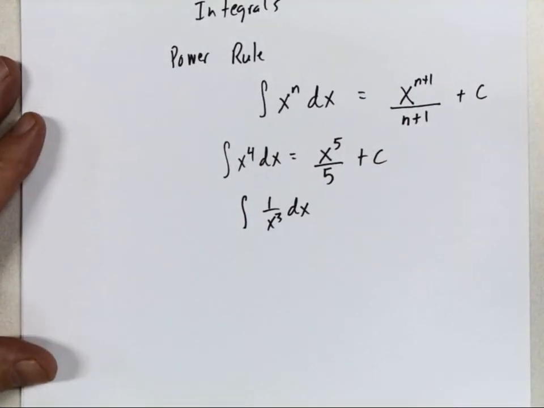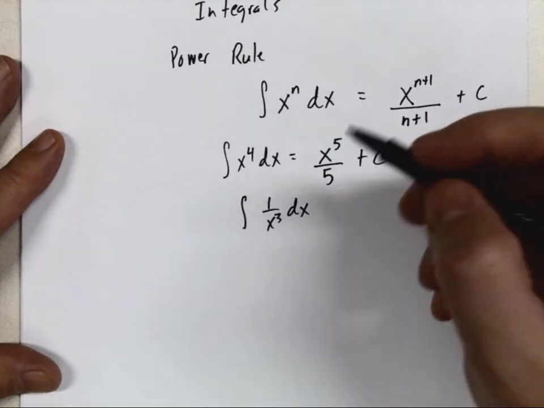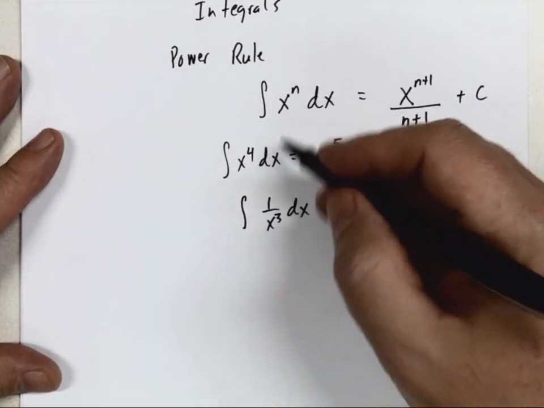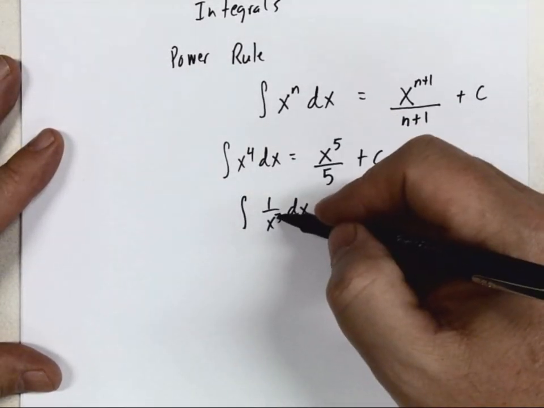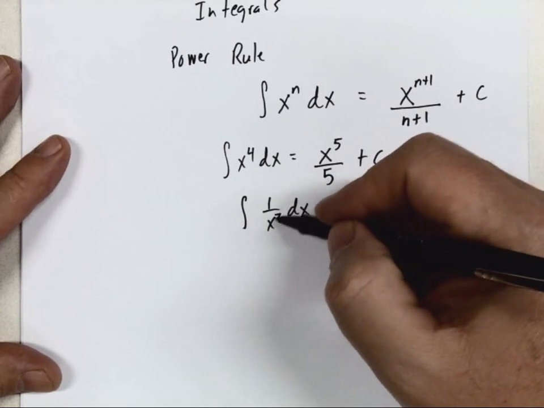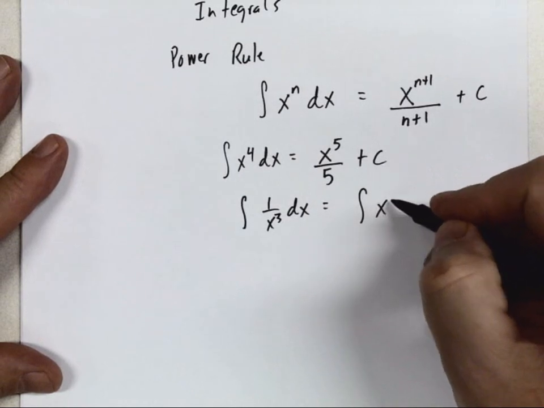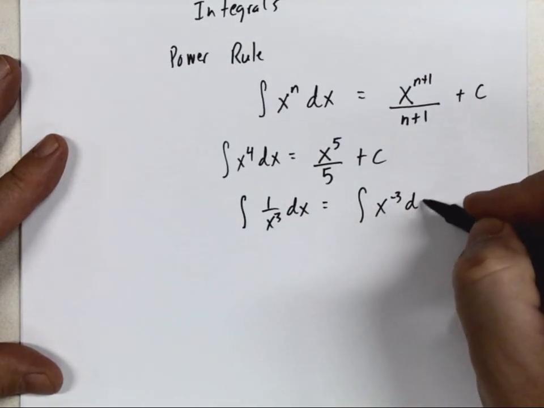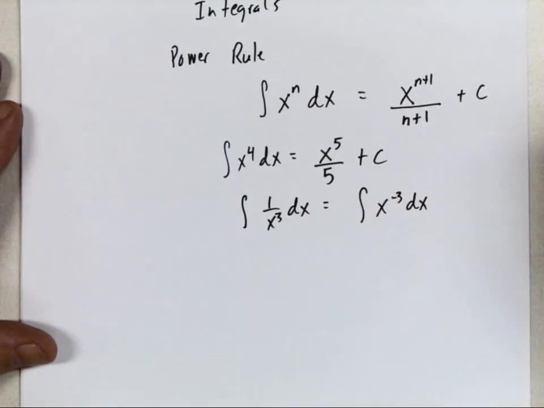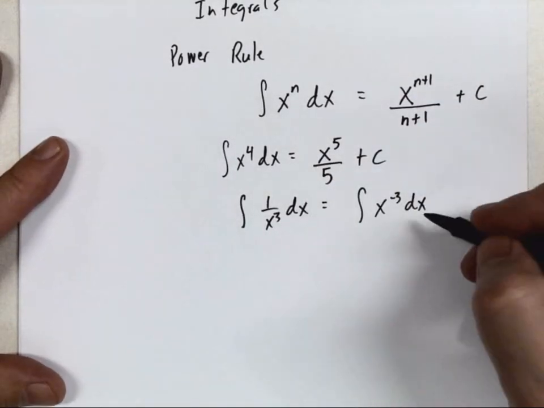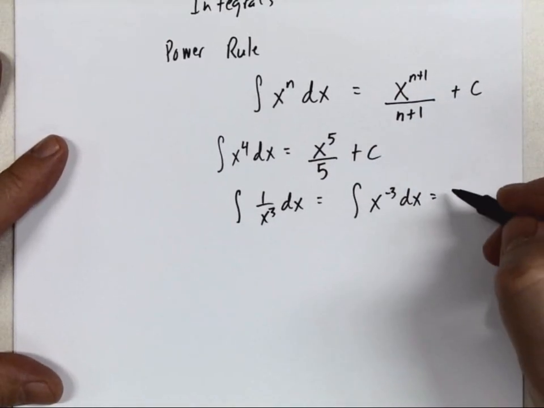A few twists. This doesn't quite fit the rule here, except, you know what we can do? If I want to get this x cubed in the top, I can do that by making it x to the -3, and now I can apply this power rule.